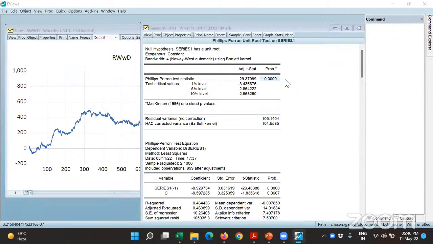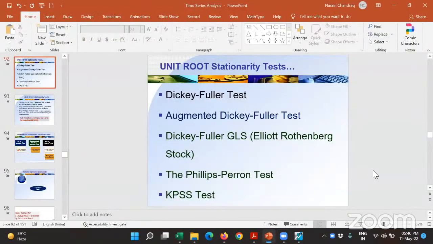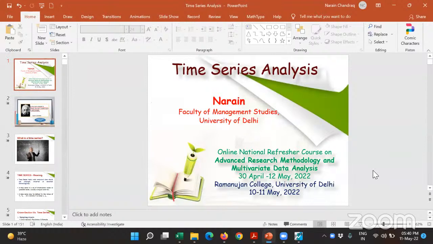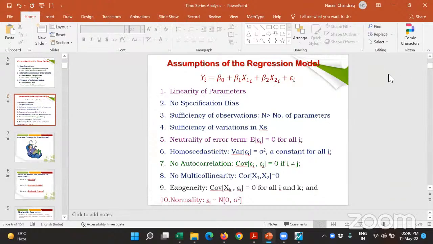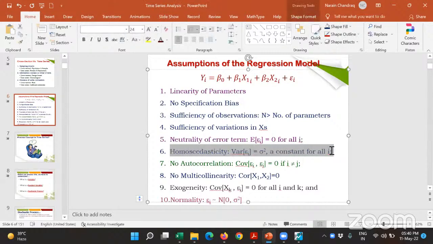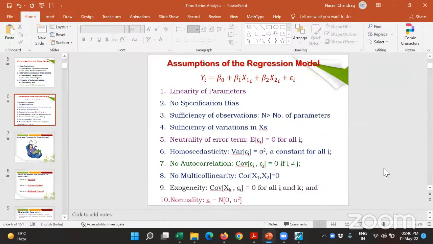So how can we come to know whether your data set suffers from heteroskedasticity or not? The detection of heteroskedasticity is another aspect, and I didn't go into that itself, but as a part of cross-sectional data analysis, we talk about these assumptions, 1 to 10, and the presence of homoscedasticity or heteroskedasticity is there even with the cross-sectional data set, and that could also be there with the time series data set as well.